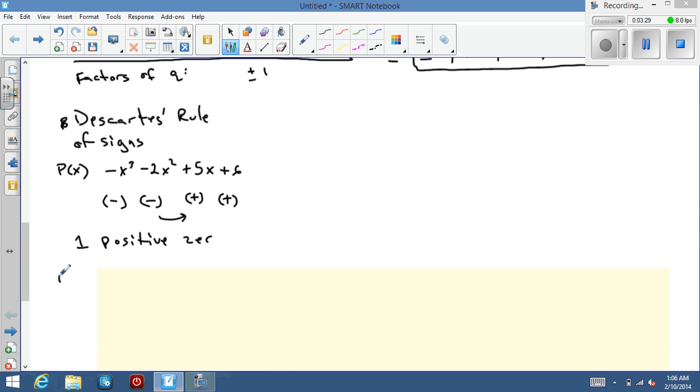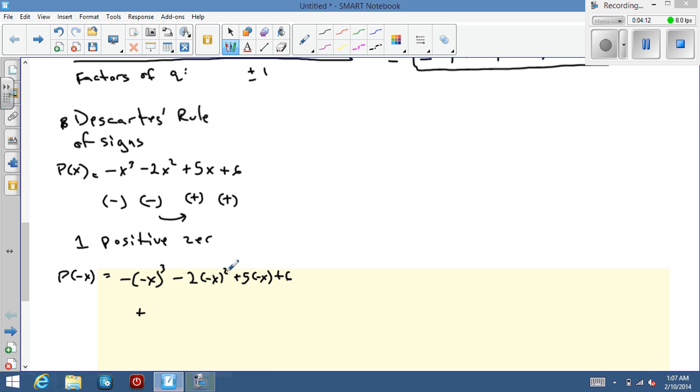And if we do p of negative x, remember, for p of negative x, we are plugging in negative x. So we get the opposite of negative x cubed minus 2 times negative x squared plus 5 times negative x plus 6. Now, anytime we have an odd exponent, it's going to stay negative, and then it is affected by the positive or negative on the outside. So here we have a negative, and then another negative to make it positive.